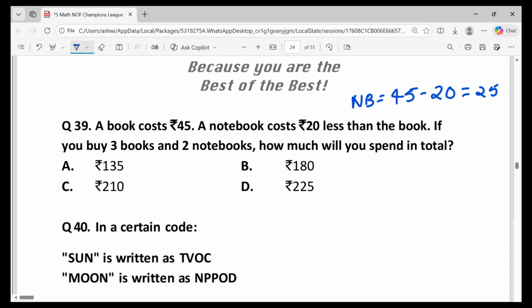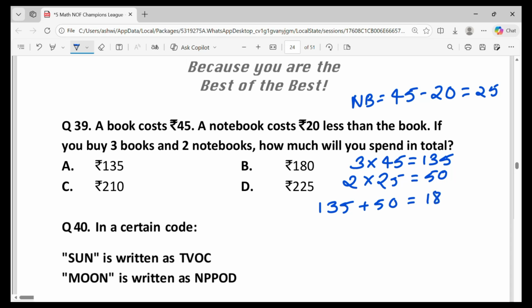Calculating the cost of 3 books will be 3 into 45, that is equal to 135, and the cost of 2 notebooks will be 2 into 25, that is equal to 50. So the total spend will be 135 plus 50, that is equal to 185. Answer C, option C, rupees 185.